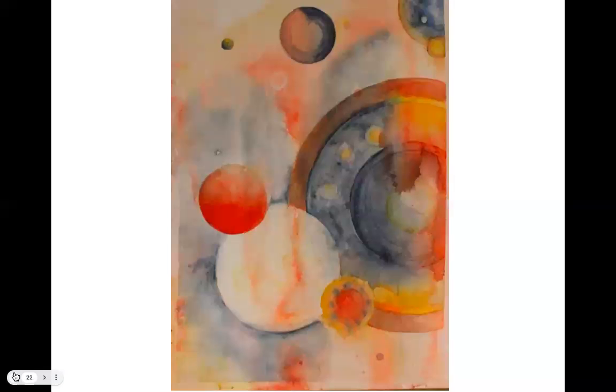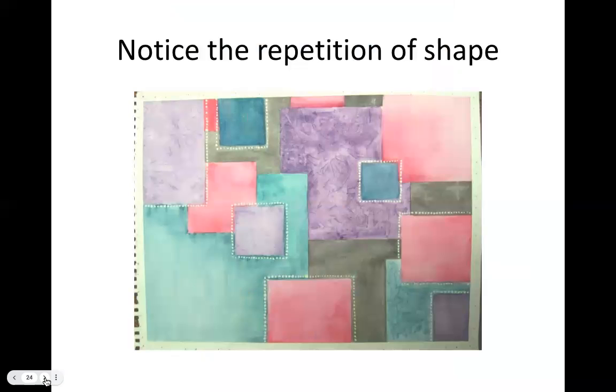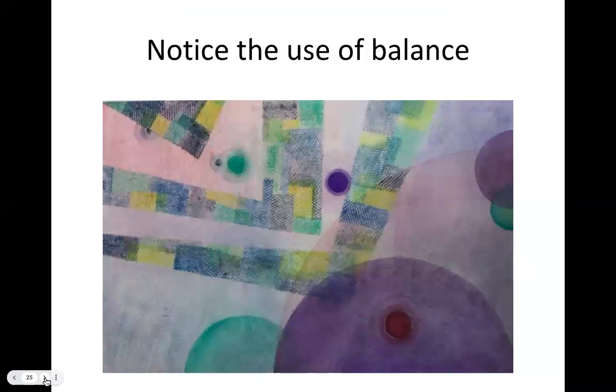Oh, too fast. Here's the one that's on the slide. Notice how it drips, and it's okay. We're going with the flow. Here we have our rectangles. Now this one has more than one shape, but notice the balance.